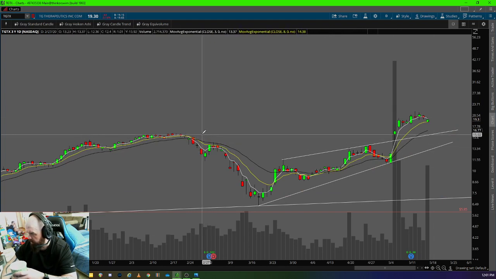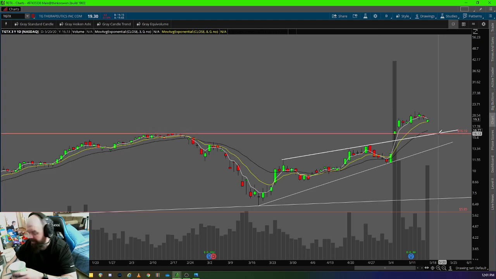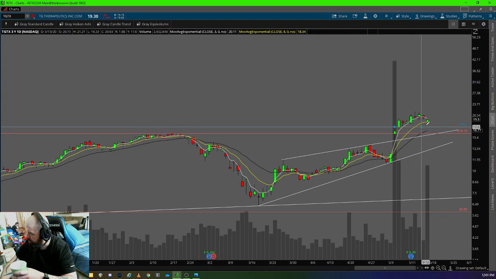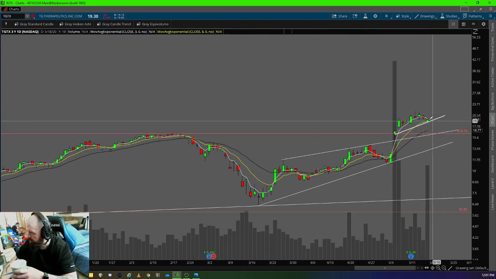So what am I going to do? I'm going to create, here's a peak right here. So this 1619 might act as support. It might not. Let's go from the base of the candle to, so that might be a trend.